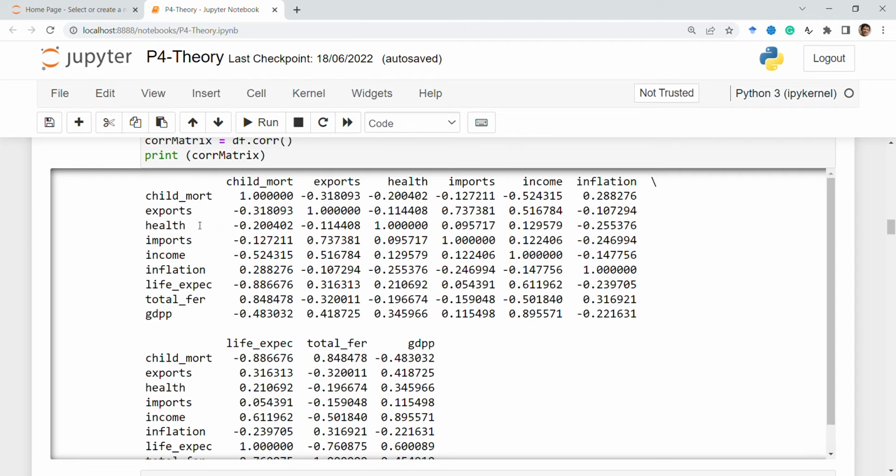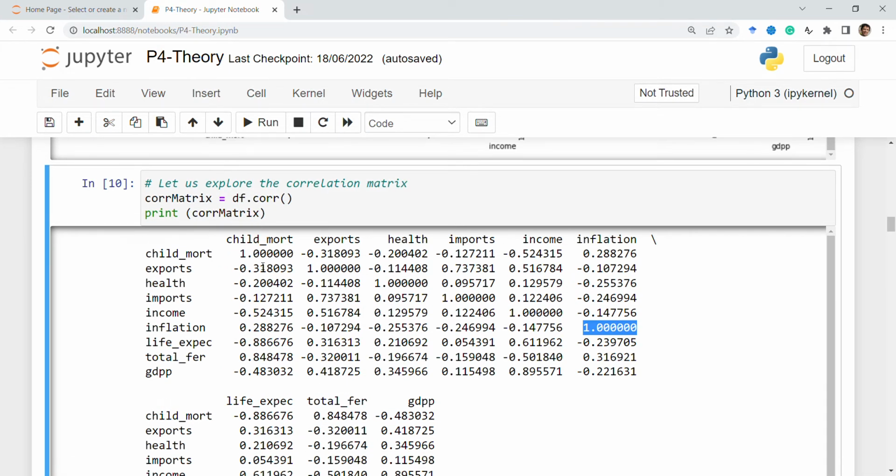So if the correlation is low, that means that the relationship is not linear. For instance, we have seen that inflation is not so much correlated to anything, and then we see that the correlations of the inflation are relatively low except to itself, while for instance child mortality was strongly correlated to some other variables.